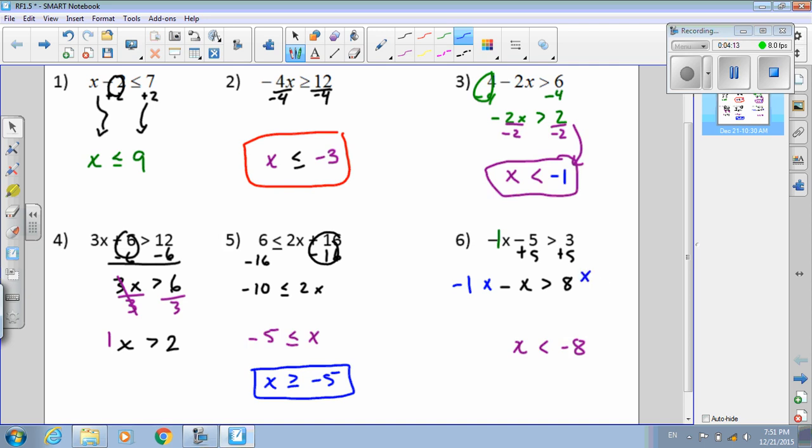You could do that, or you could divide by negative 1. It's the same idea. When you multiply two negative numbers, you're going to get your positive x. So be careful when you're solving. If you ever have to multiply or divide by a negative number, like in this example, this example, and this example, you will have to flip the symbol in each case.